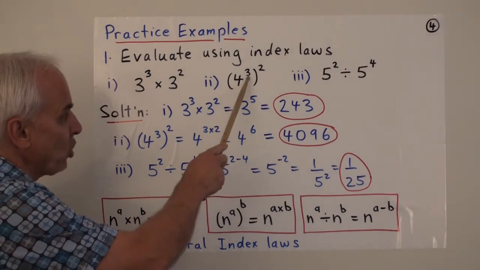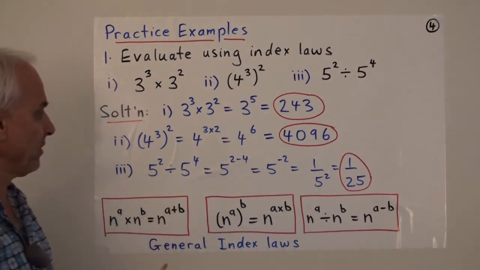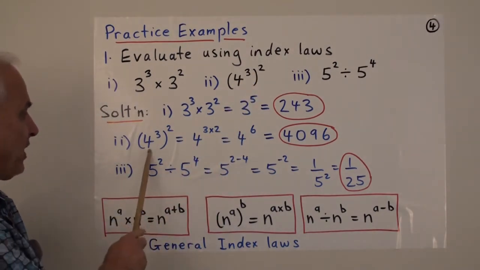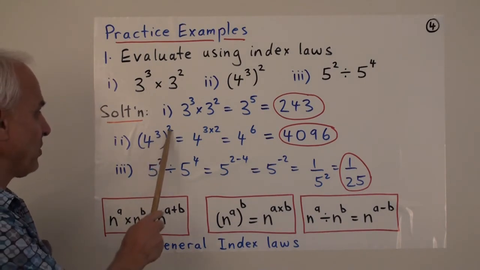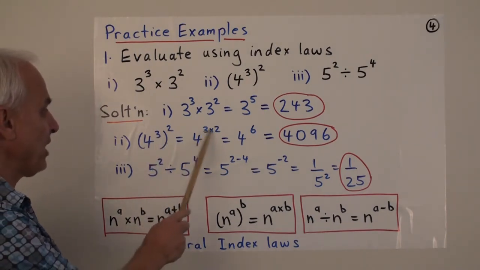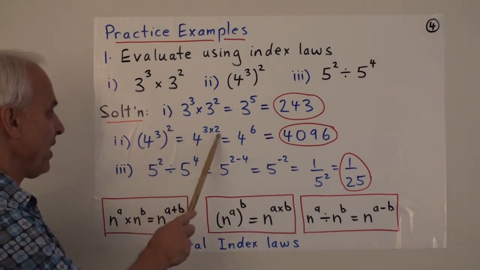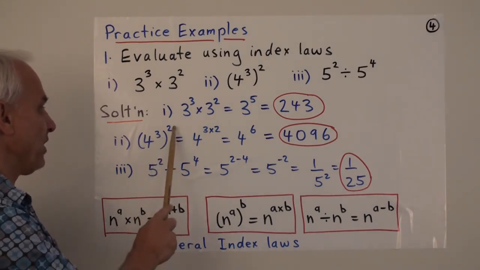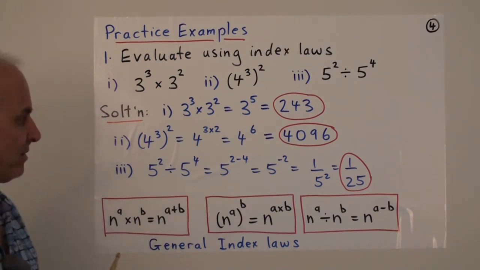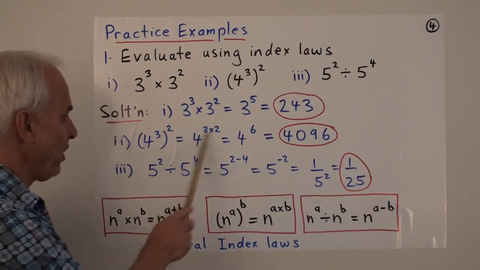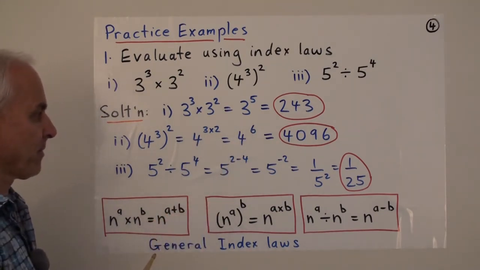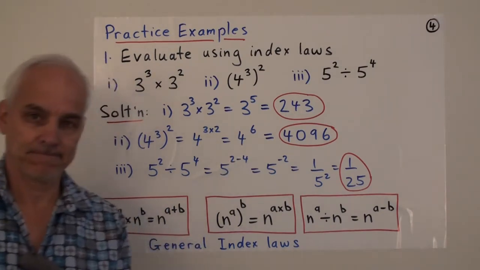Next one, 4 cubed all squared. According to the index laws, 4 cubed squared is 4 to the 3 times 2. We multiply the exponents when one exponent is raised to another exponent. So we get 4 to the 6. What's 4 to the 6?